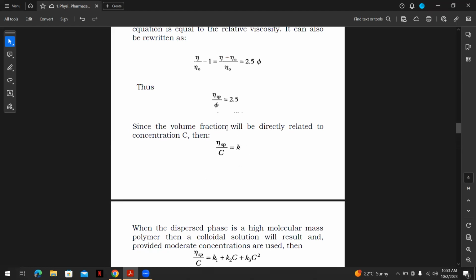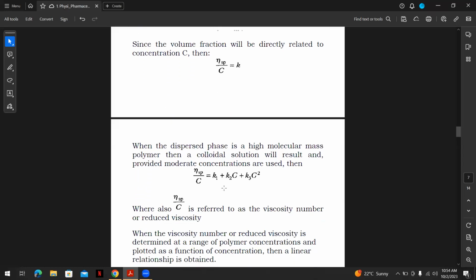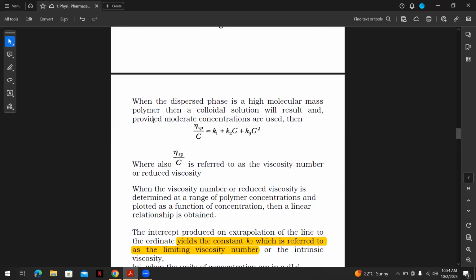So the K value is equal to the specific viscosity over the concentration. Here it says when the dispersed phase is a high molecular mass polymer, then a colloidal solution will result, provided moderate concentrations are used.